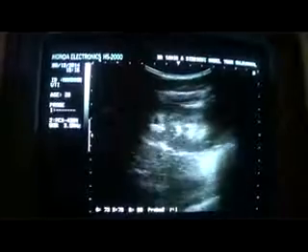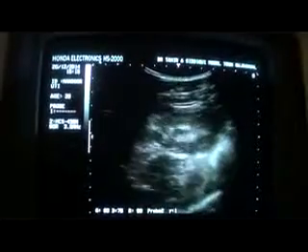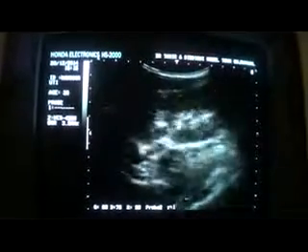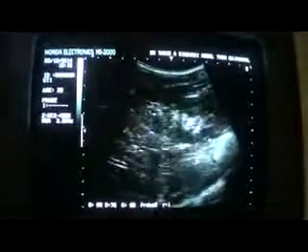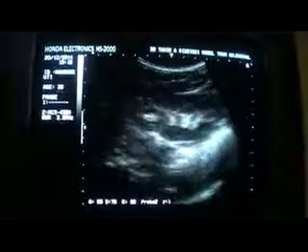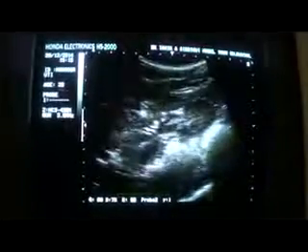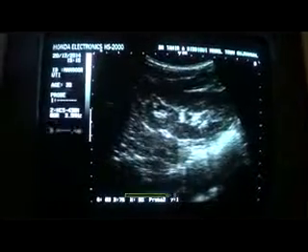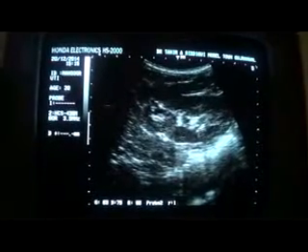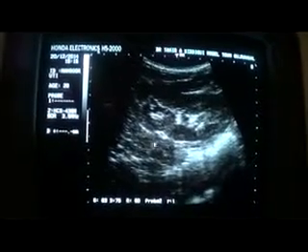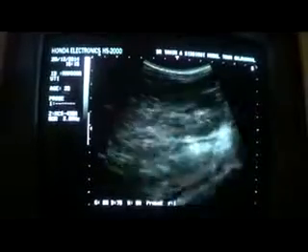Okay, now this is the kidney, and the kidney shows only minimal hydronephrosis, whereas its dimensions are normal. And these are the dilated calyces. Dimensions are normal. Corticomedullary differentiation is intact. No calculus is seen.